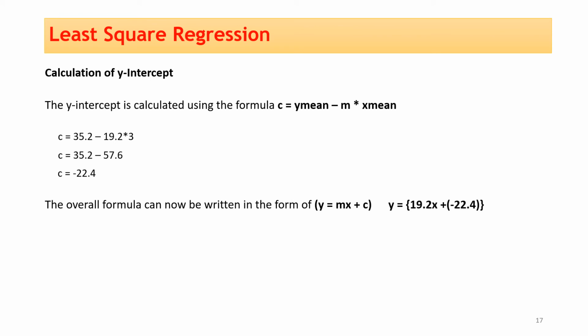So the overall formula can be written in the form y equals mx plus c, that is y equals 19.2x minus 22.4, where c is the y-intercept, which is equal to minus 22.4.